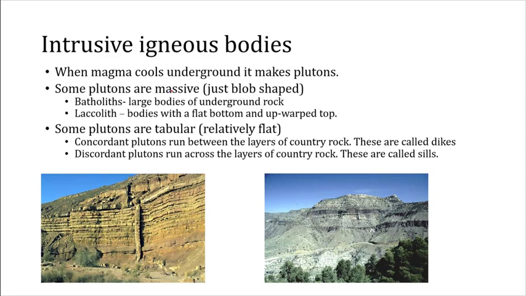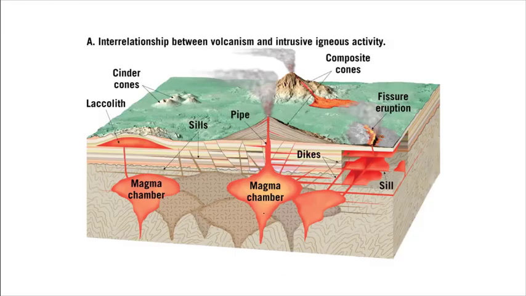We call those massive, by the way, not blob shaped, but we call those massive, and there's two basic kinds, batholiths and laccoliths.